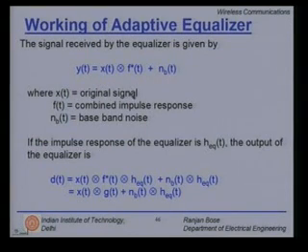Everything is analog in the time domain. And we saw that if the impulse response of the equalizer is h_eq(t), the output of the equalizer is simply given by this equation: x(t) convolved with an effective g(t), plus n_b(t) convolved with h_eq(t).